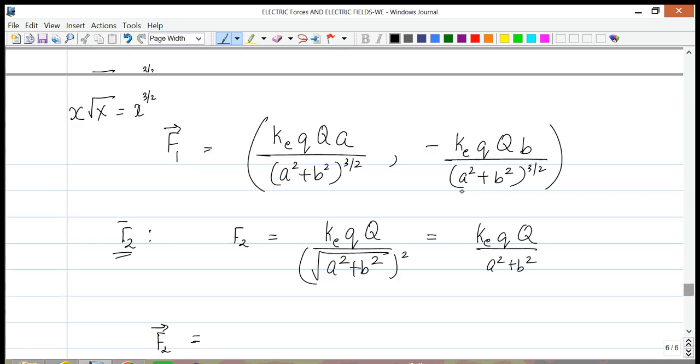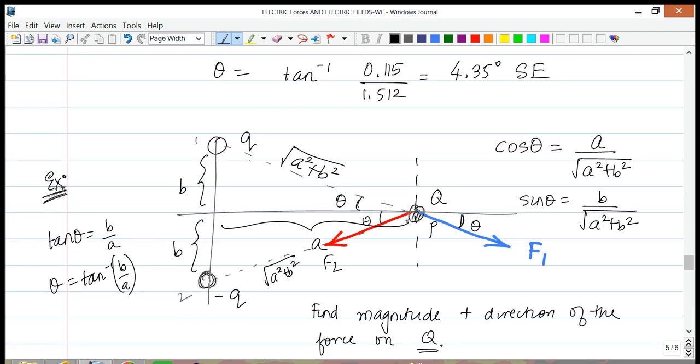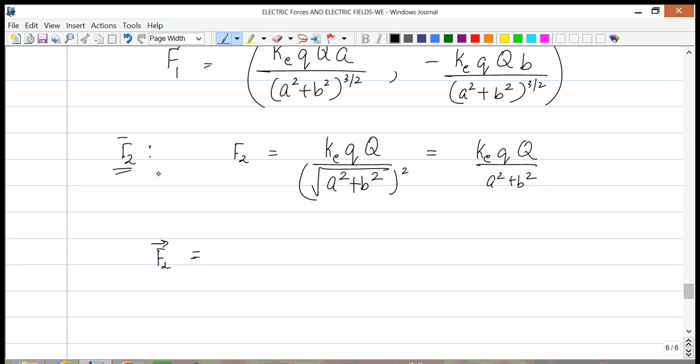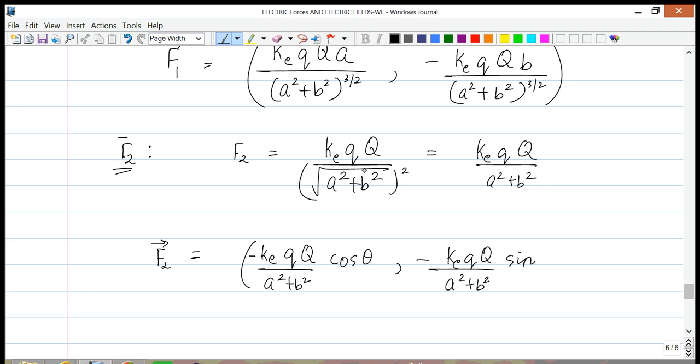Now clearly, if you look at F2, it is lying in the third quadrant. That means its x and y components are both going to be negative. So let us use once again our definitions. We have negative KeQQ over A squared plus B squared times cosine theta, and negative KeQQ over A squared plus B squared times sine of theta.